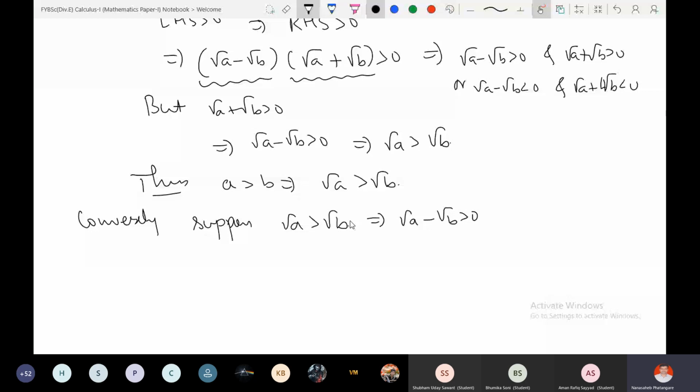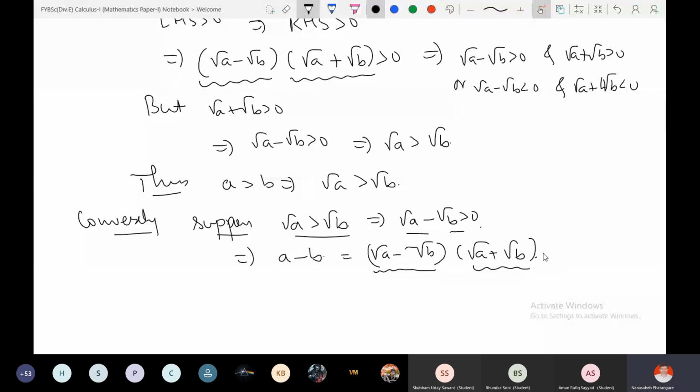And therefore, what can you say about a minus b, which is root a minus root b into root a plus root b? What can you say about the product? Now here our assumption is root a is greater than root b. That means root a minus root b is positive, and already this bracket is positive. And when both are positive, what is the product?